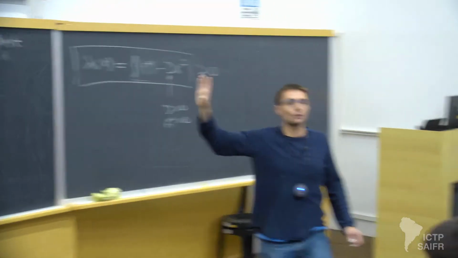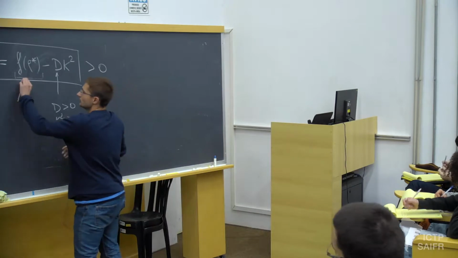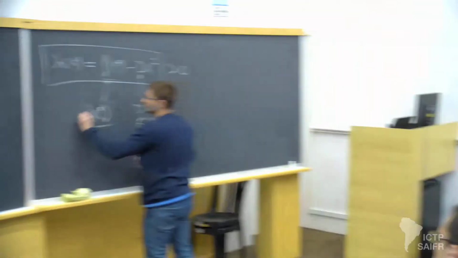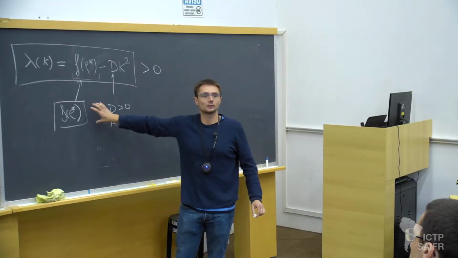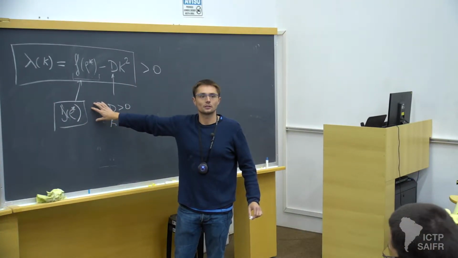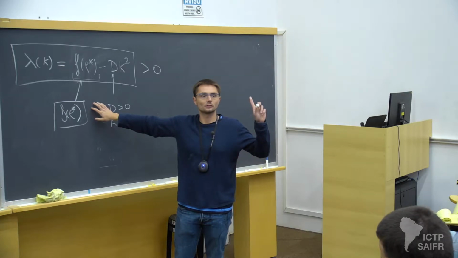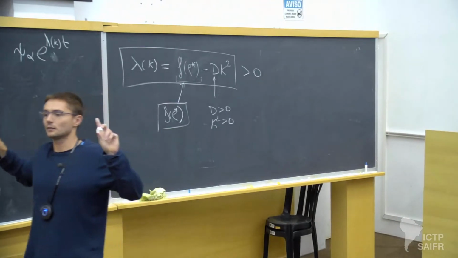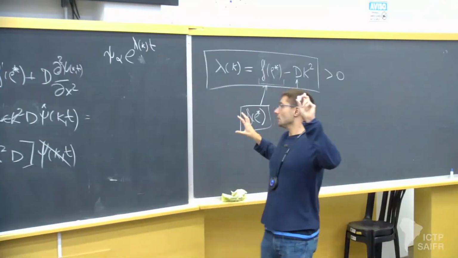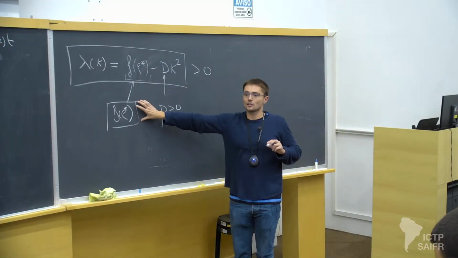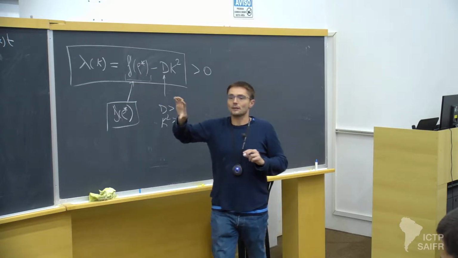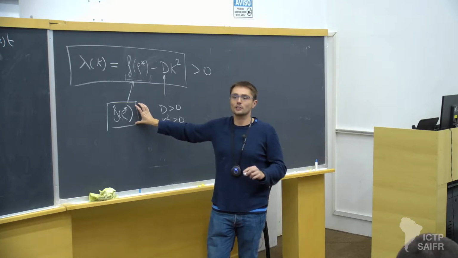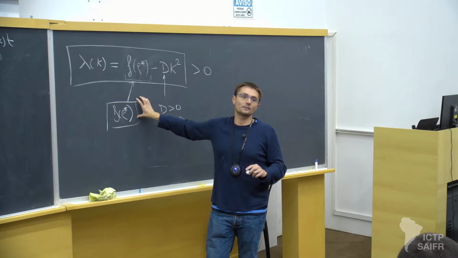If this is positive, how is my fixed point? Saddle point? I'm in one dimension. If I have a fixed point and the derivative of the function evaluated at that fixed point is positive, my fixed point is unstable, right?